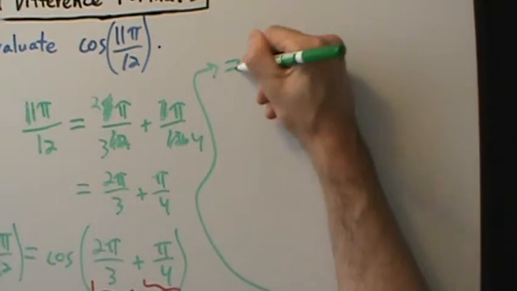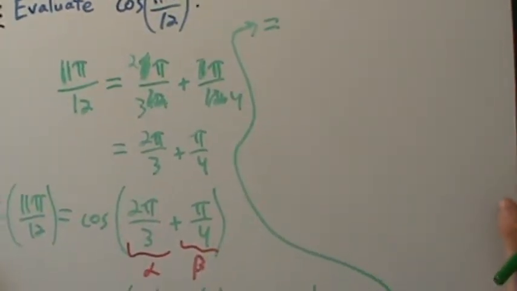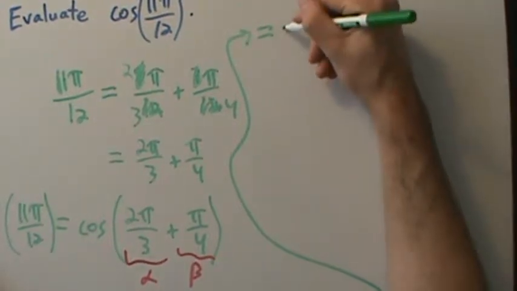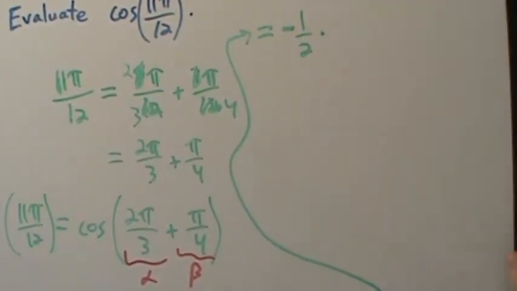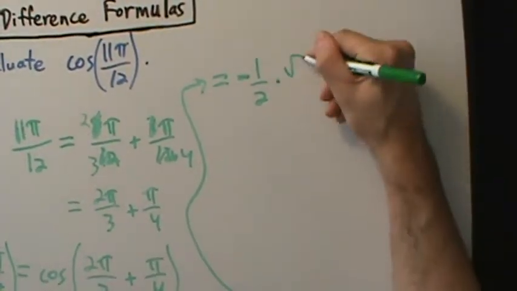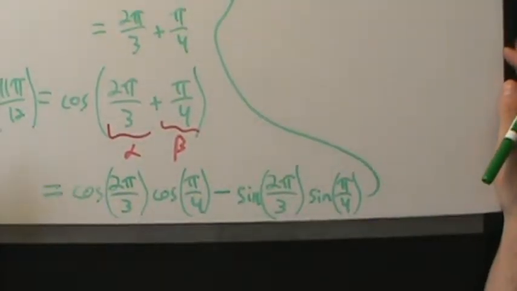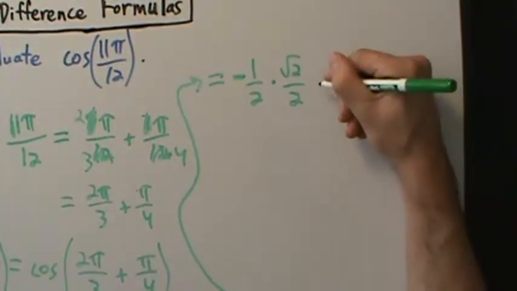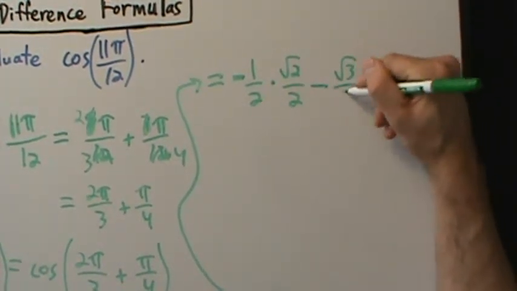Okay, and then that equals, so the cosine of 2 pi over 3, that's going to be negative 1/2, and then we're multiplying that by the cosine of pi over 4, which is positive root 2 over 2. And then we have a minus sine of 2 pi over 3, and the sine of 2 pi over 3 is root 3 over 2.